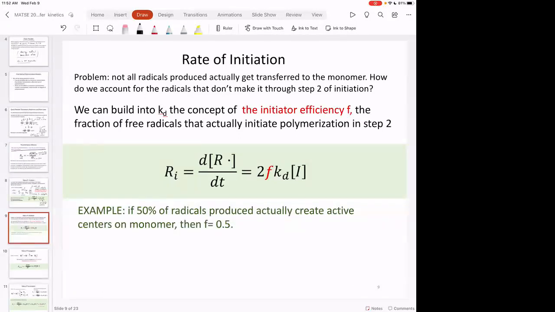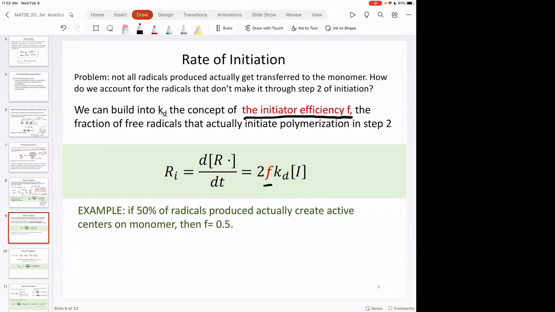So there's one more tricky thing for rate of initiation. Not all radicals turn into polymers. And so we put this fudge factor. That's what F stands for. The initiator efficiency. So this means that in some cases, you have an initiator like AIBN, and even though you break AIBN into 2 radicals, not all those radicals make polymer. They can reform, they can do side reactions with the solvent. Bad things happen to radicals because they're really reactive.